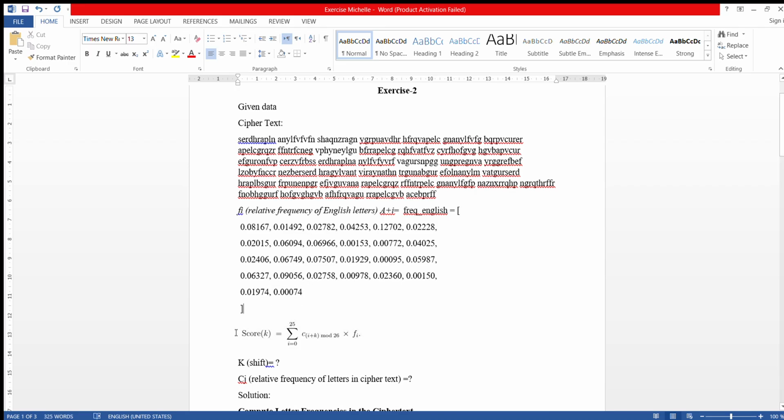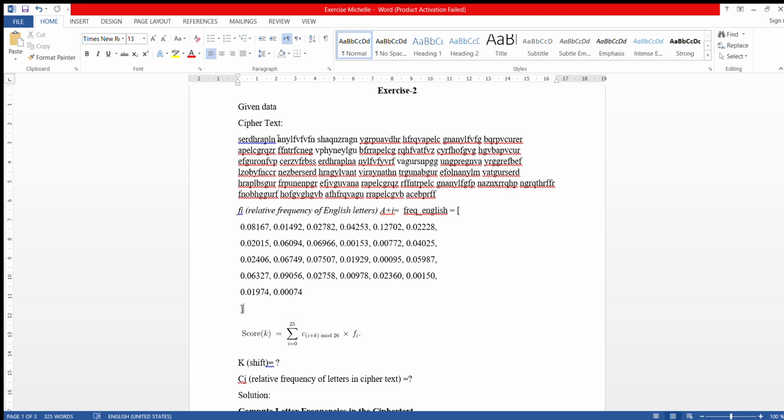We are also given a formula, a correlation score, which we can calculate through this equation. Remember that in this assignment, we haven't been given the shift value, because it's a Caesar cipher. In a Caesar cipher, we shift a letter backward by some number.